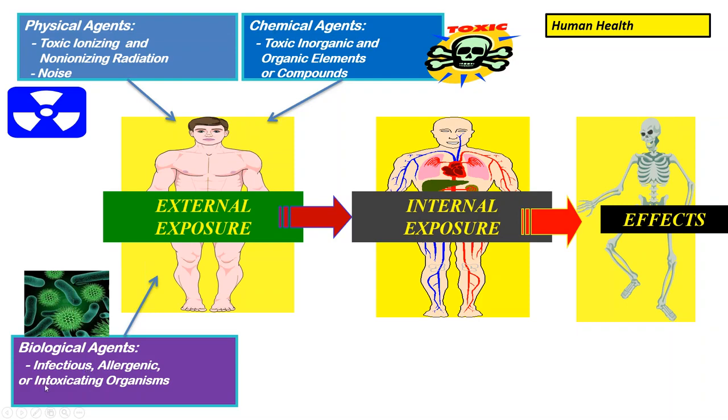What are the inherent characteristics associated with causing harm? And what is the potential for exposure to occur? What are the levels of exposure? So everything begins with external exposure. If there's no external exposure, then there's no worries, no concern about internal exposure, and therefore there would be no worries or concerns about effective exposure. So again, prevention begins here.